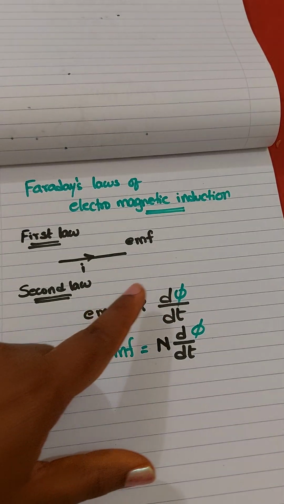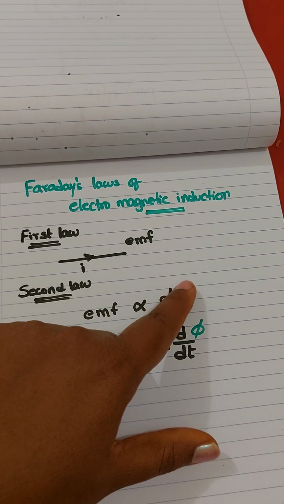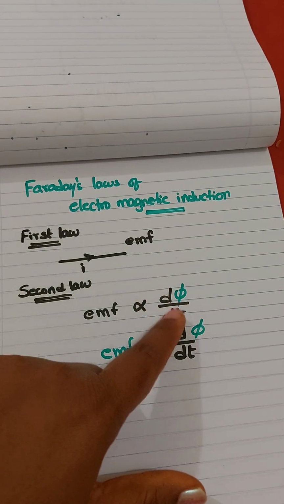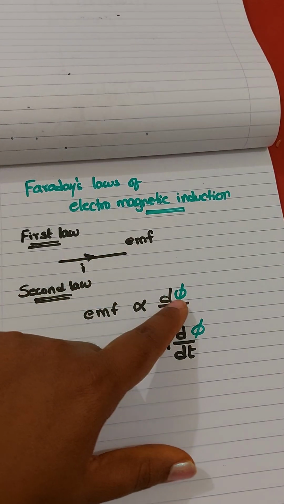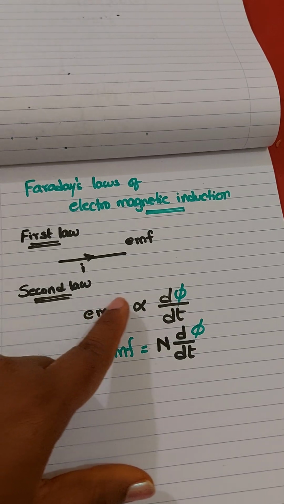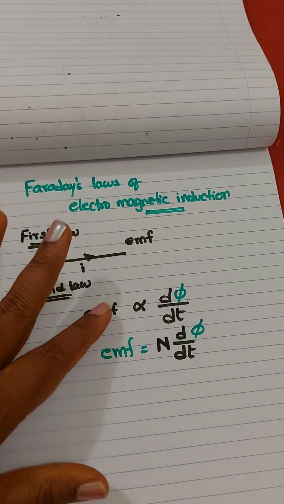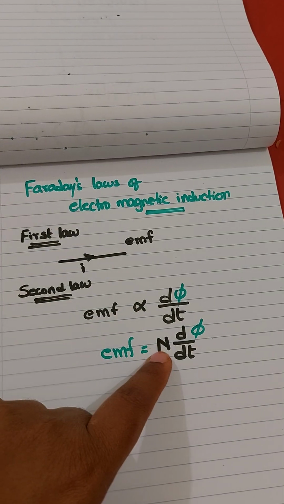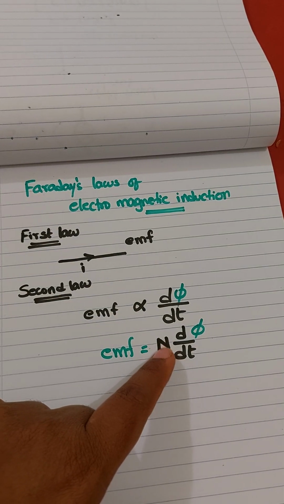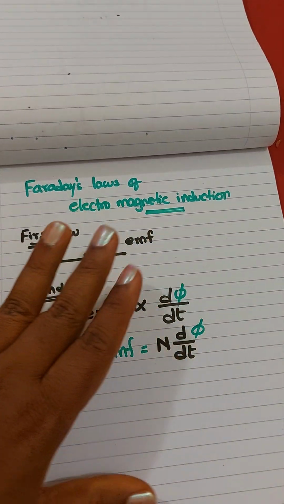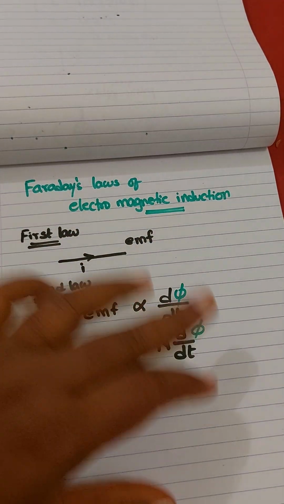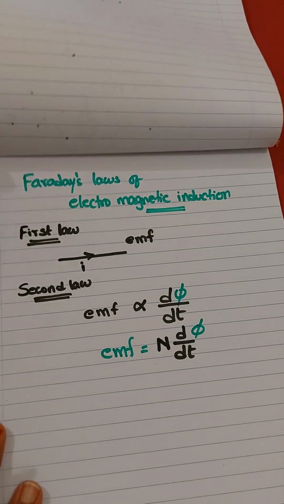So the induced EMF is with the rate of change, because current changes, flux changes. So EMF induced is directly proportional to the rate of change of flux, d phi by dt. To remove the proportionality, we brought the number of turns, because the number of turns will decide the flux density also. So that's why N d phi by dt.